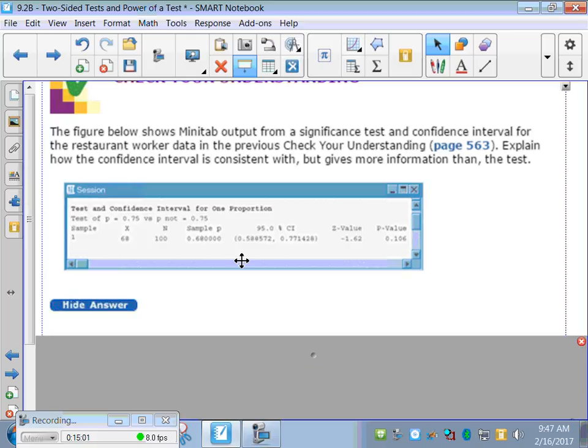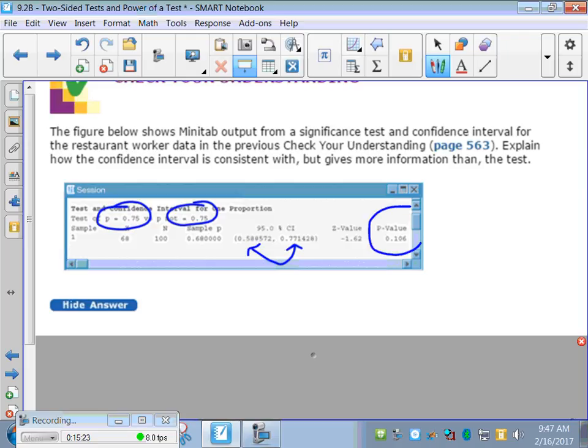All right, explain how the confidence interval is consistent with, but gives more information than the test. So this time we've got p is 0.75 versus not 0.75. Here's our interval. For those of you who can see that, is 0.75 in that interval? Yes. Okay. And for those of you who can see this p-value, is that about 10%?